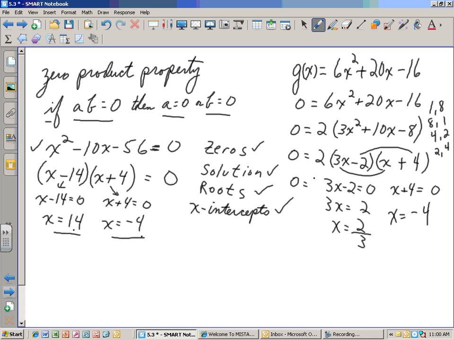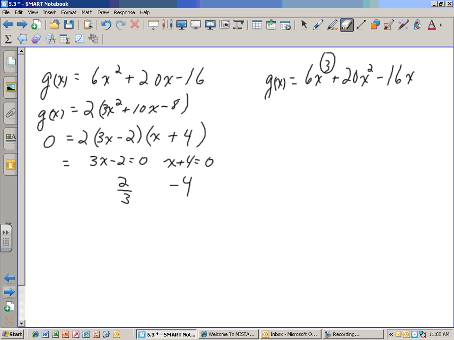Where it does matter, let me take the same problem. I had done this with the other class, but I'm going to erase this. And let's say we have 6x cubed plus 20x squared minus 16x. Notice this 3, I have it circled.